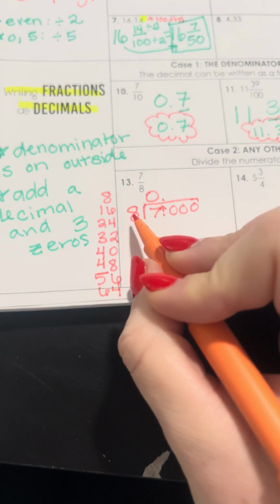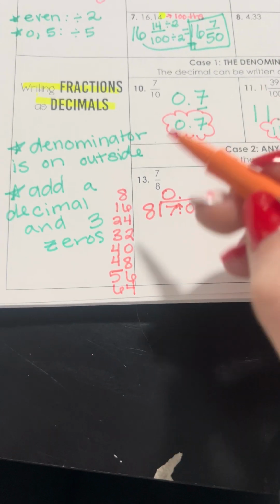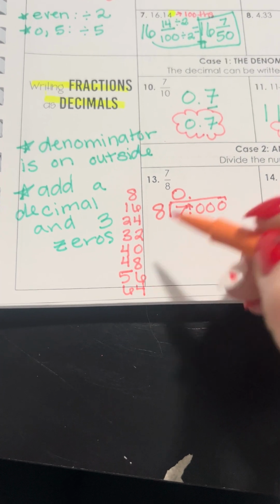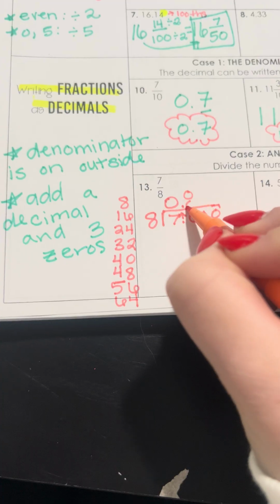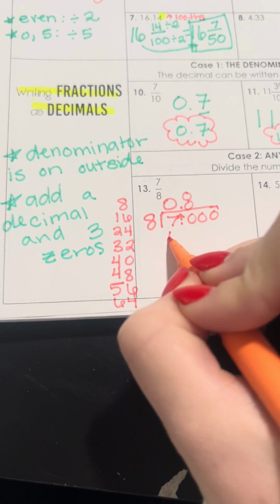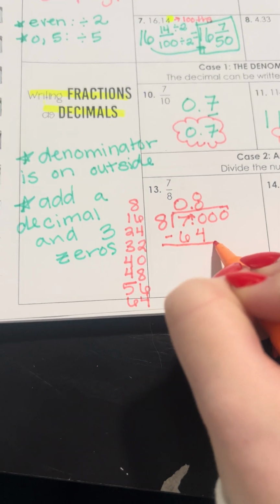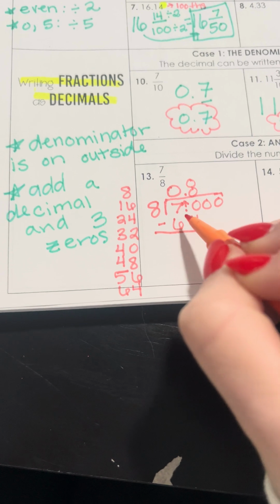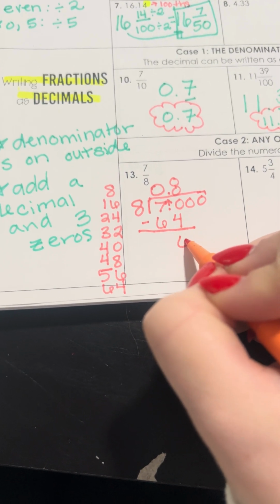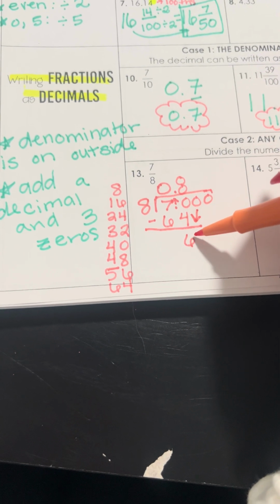Okay, so 8 goes into 70. The closest number here is 64. We're going to count down 1, 2, 3, 4, 5, 6, 7, 8. So we're going to put an 8 at the top. 8 times 8 is 64. Okay, you're going to subtract these numbers. 70 minus 64 is 6. We're going to bring down that 0.